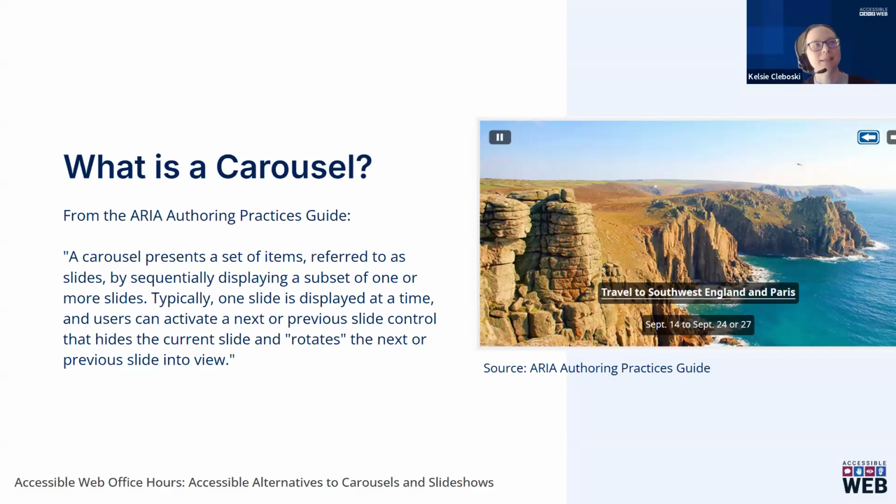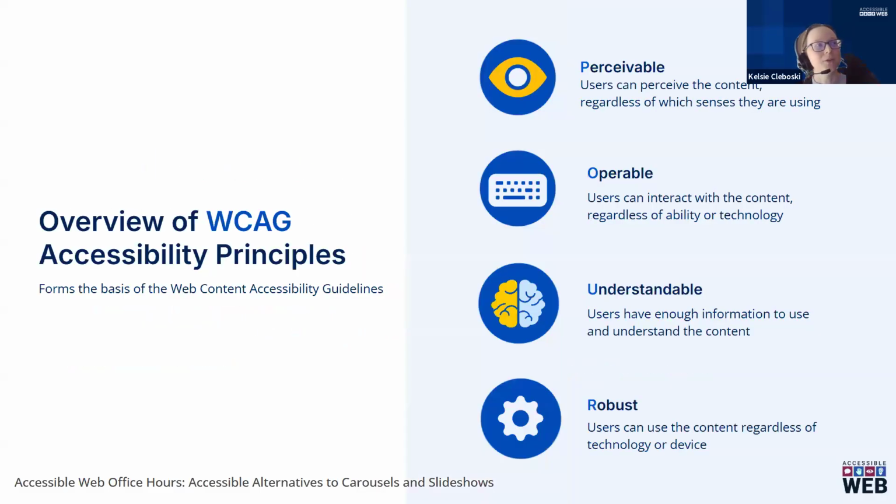And then also this one has a pause button, which when you press it reverts to a play button to cause this slide to auto update or auto rotate, depending on your conception of how that's moving. So carousels are a really common widget on the web, but we know that there are some accessibility and usability challenges with them. And to talk about those topics, I'm going to hand it over to Heather.